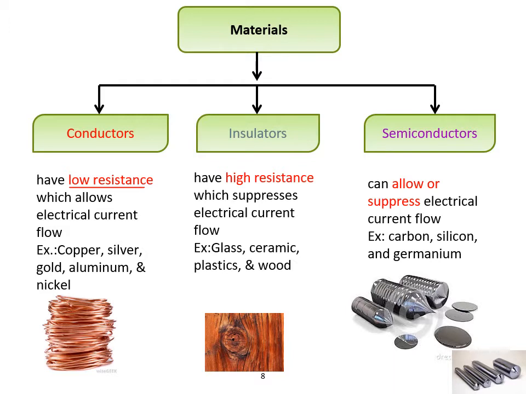Semiconductors can either allow or suppress electrical current flow, for example, carbon, silicon, and germanium. Or we can say that the resistance R in a conductor is low, R for an insulator is high, while for semiconductors the R depends.